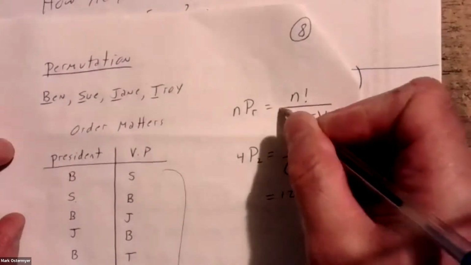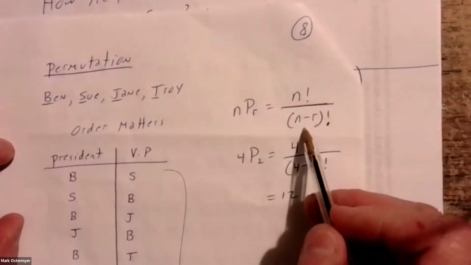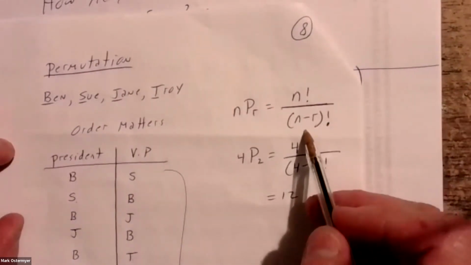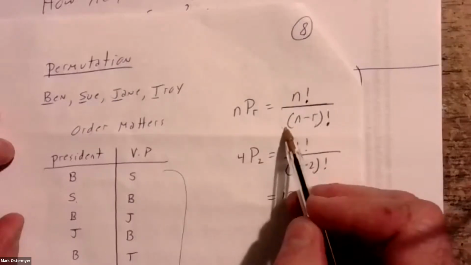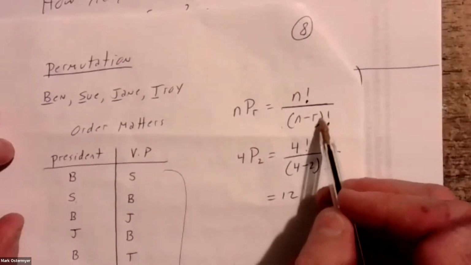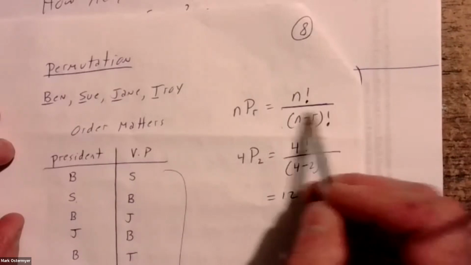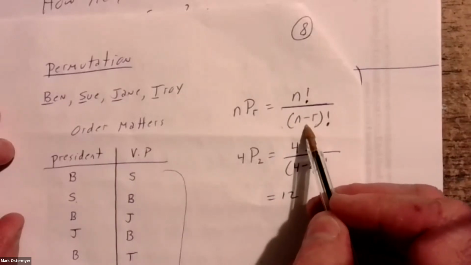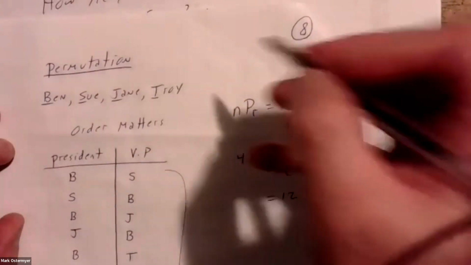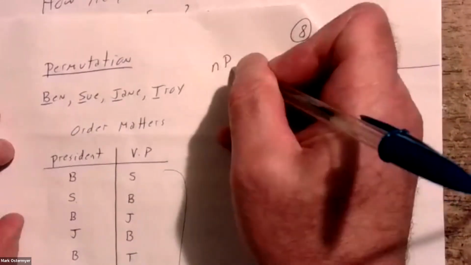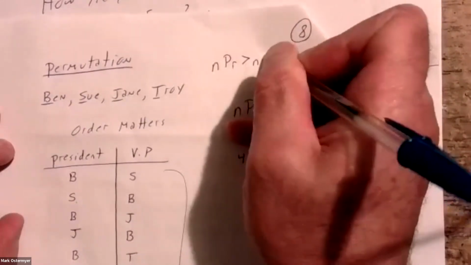What factor is missing in the denominator of this formula that the combination formula has? Anybody? R factorial. Because it's missing r factorial, the denominator of a permutation is always going to be smaller than the denominator of a combination, which renders the certain fact that a permutation is always going to be greater than a combination.